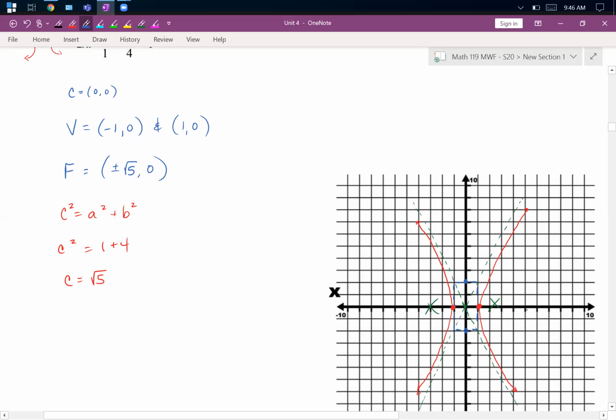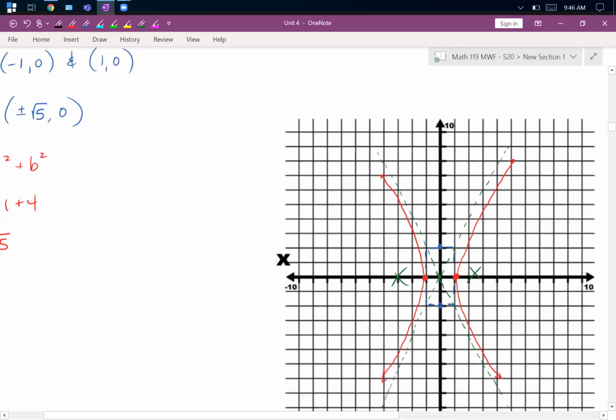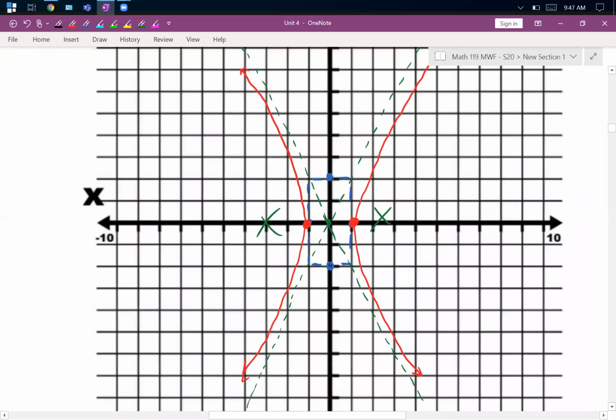Something that can also help you remember your equation for c, whether it's the plus or the minus, not to confuse it with the ellipse, is this: if we were drawing in an ellipse, here would be our ellipse, and the foci are always inside the ellipse. The branches of the hyperbola, you notice, are outside the ellipse, so the foci have to be inside the branches.